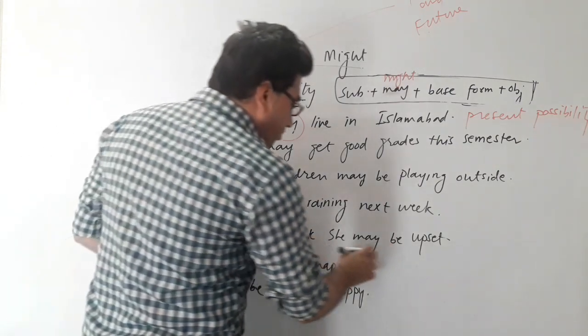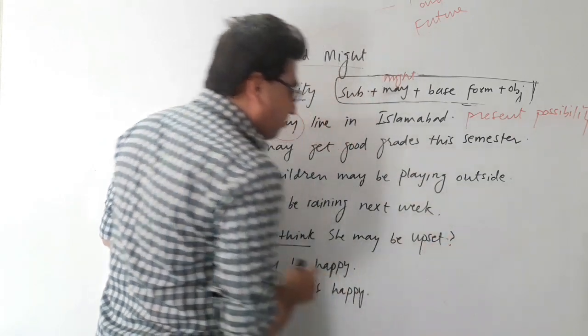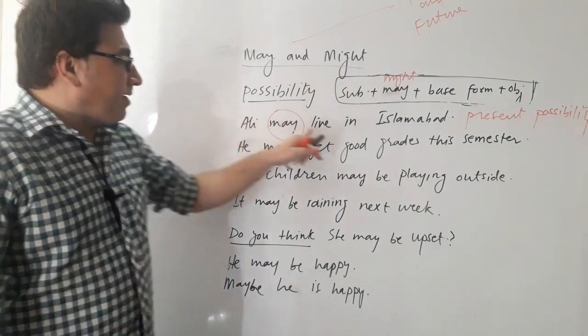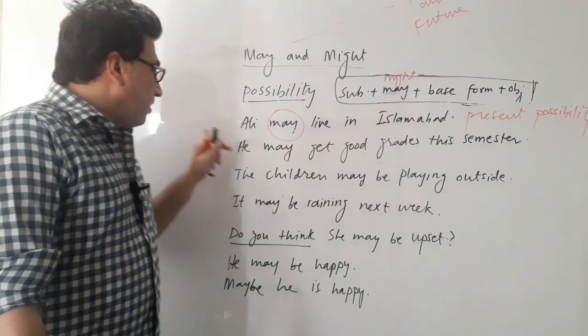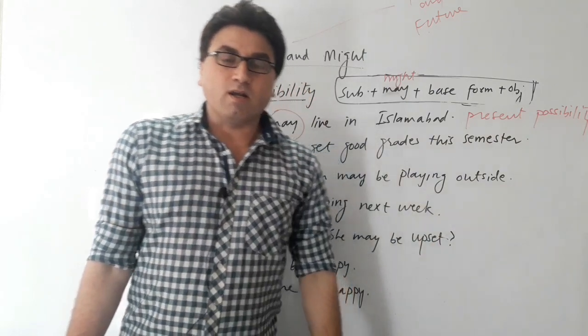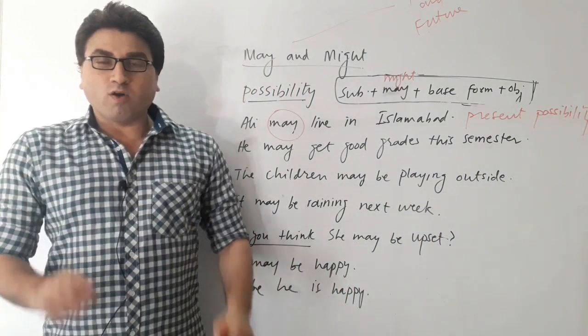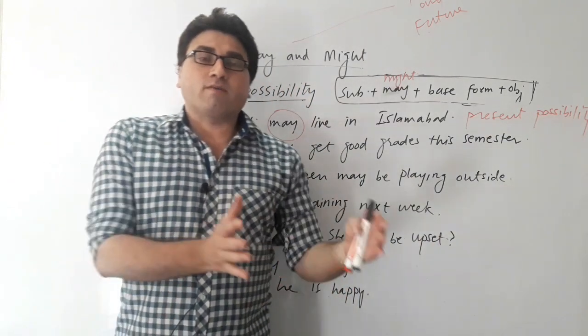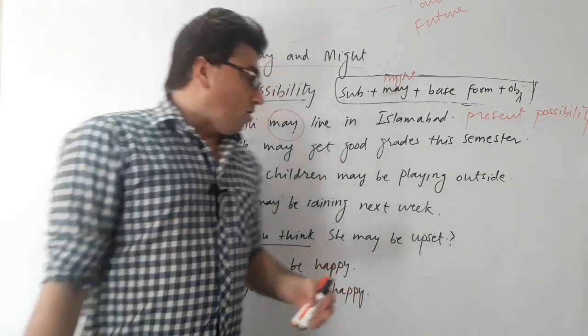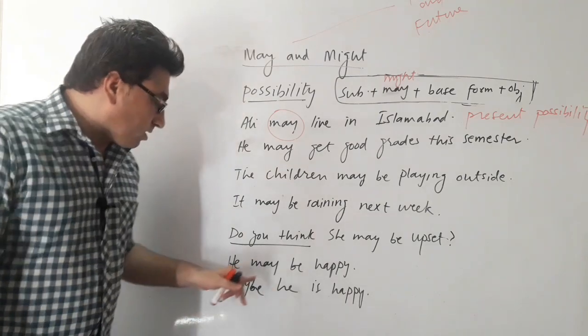Like, do you think she may be upset? And a question mark at the end of the sentence. Do you think Ali may live in Islamabad? And do you think he may get good grades this semester? And a question mark at the end of the sentences. So if you want to make an interrogative sentence, you have to write a sentence, do you think?